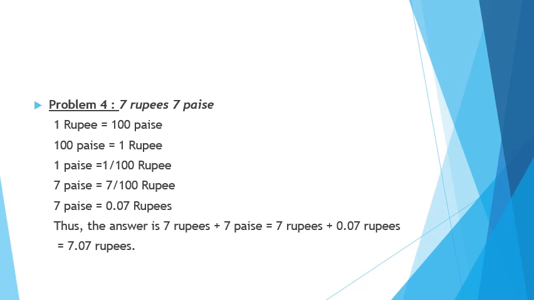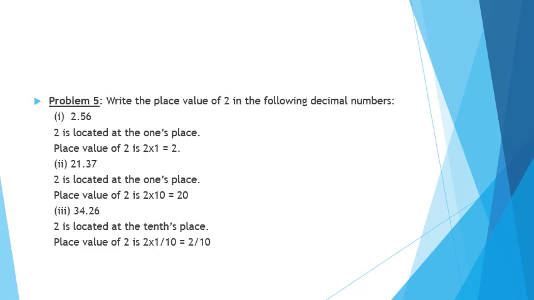Or converting it into a decimal, 7 paisa will be 0.07 rupees. Thus the answer is 7 rupees plus 7 paisa. 7 rupees is in rupees. So 7 paisa we have converted into rupees, we get 0.07. When we add 7 plus 0.07, we get 7.07 rupees.